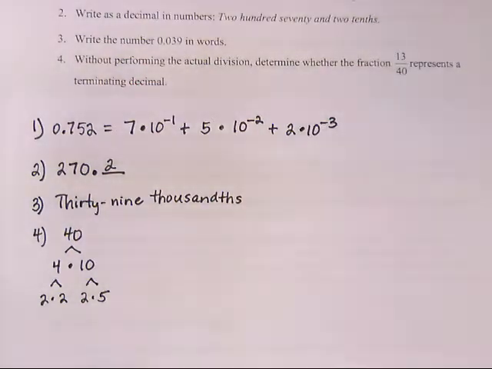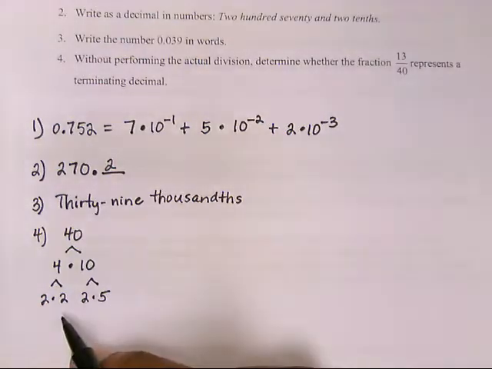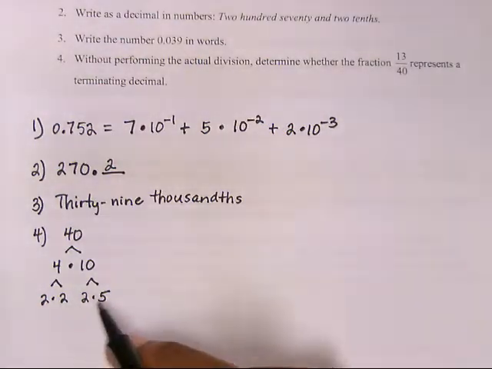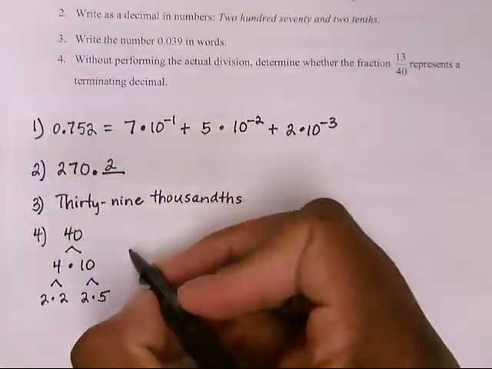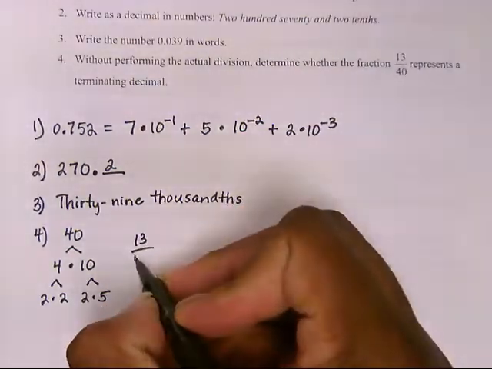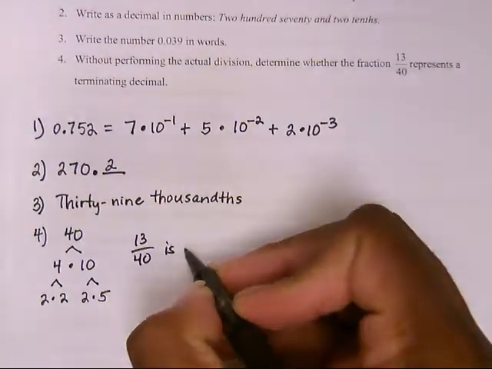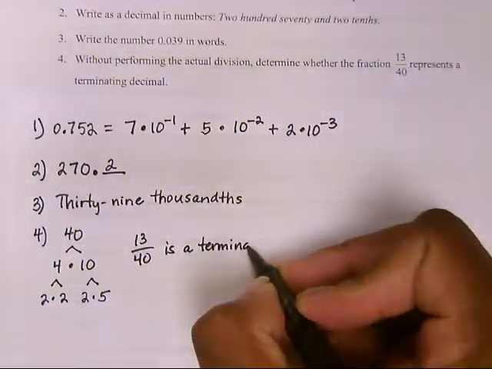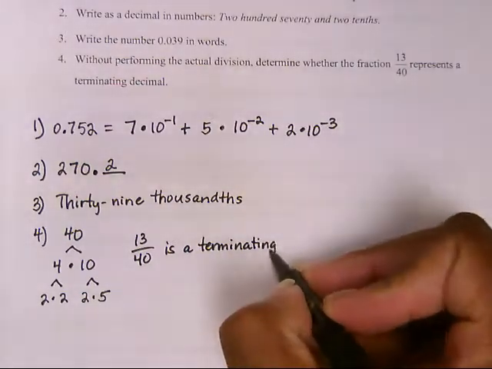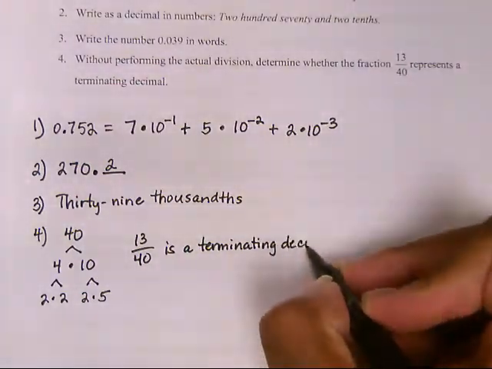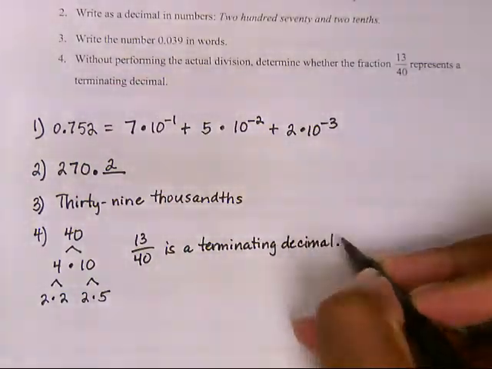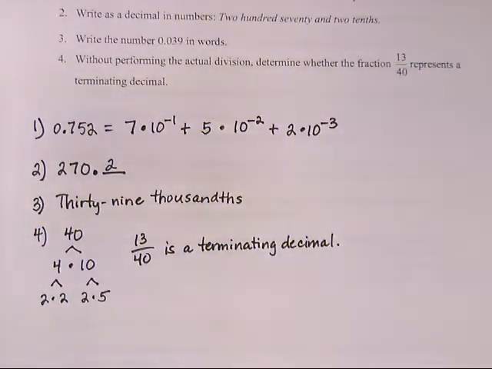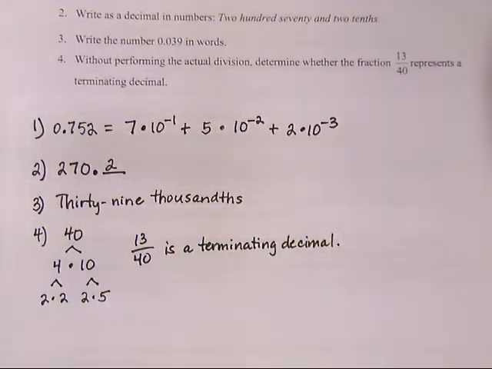So in this case here, I only have 2 and 5 as prime numbers. I have no other primes other than 2 and 5. So here, 13 over 40 is considered to be a terminating decimal. Okay. All right, any questions on number 4?